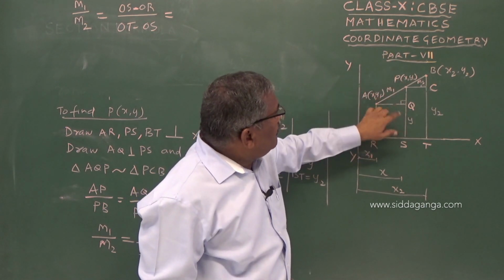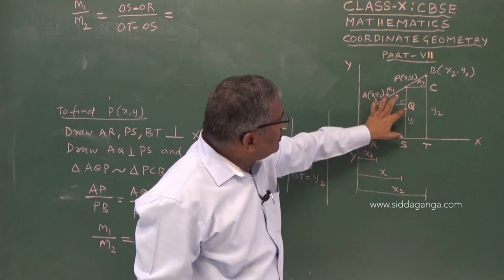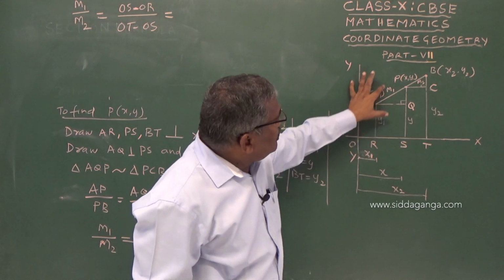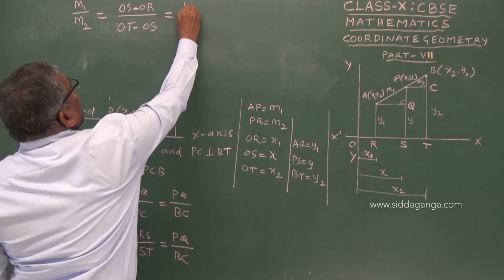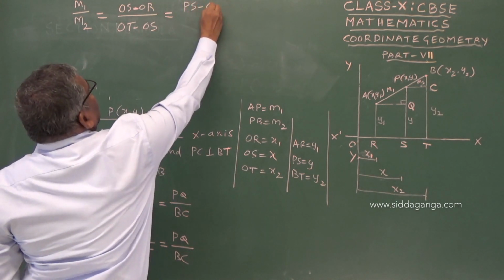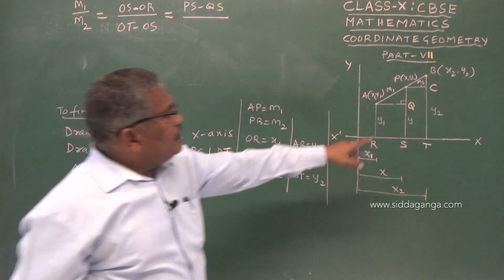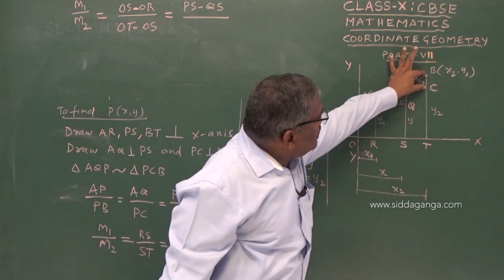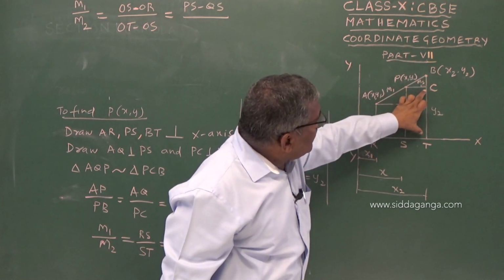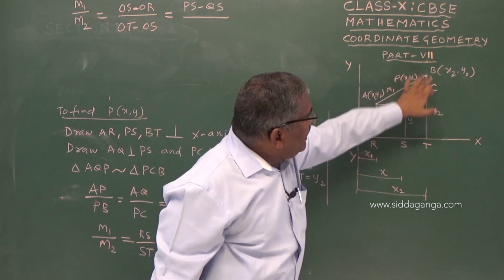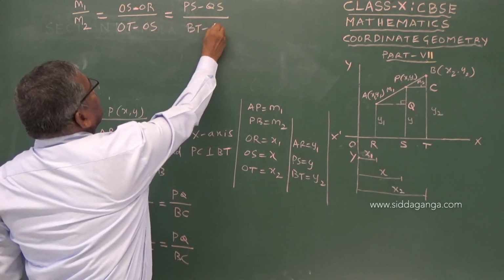Therefore PQ is PS minus QS, and QS is y1. Divided by BC. BC is this distance: we have the total height BT and I have to deduct this CT. BT minus CT.